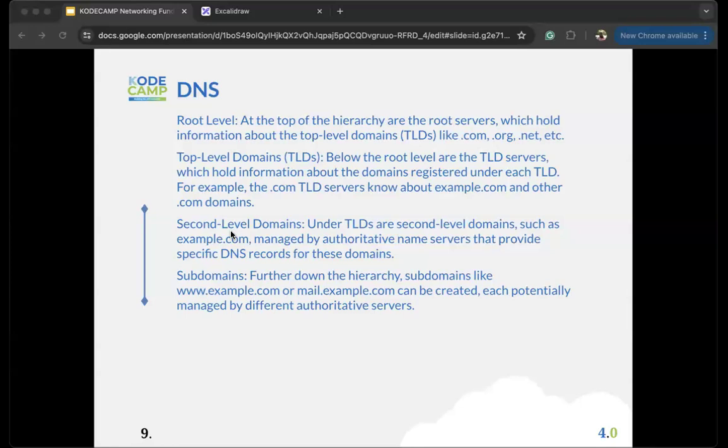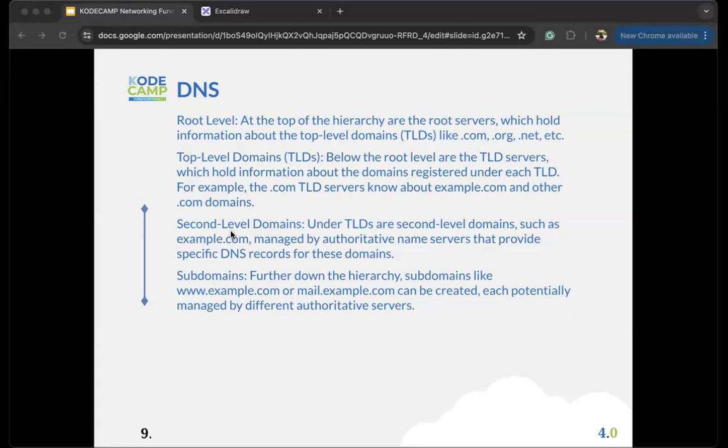For instance, if you have malco.com or you have KodeCamp.com, after it resolves your .com from the root level, the DNS resolves your .com to a particular .com server. That .com server would hold the information and the domain translation for your KodeCamp.